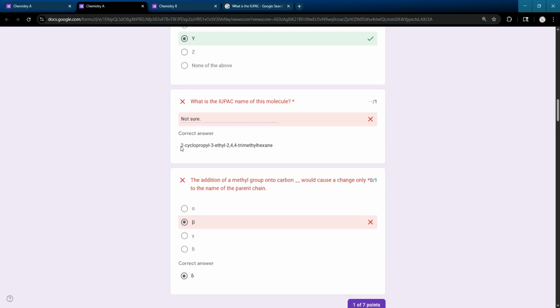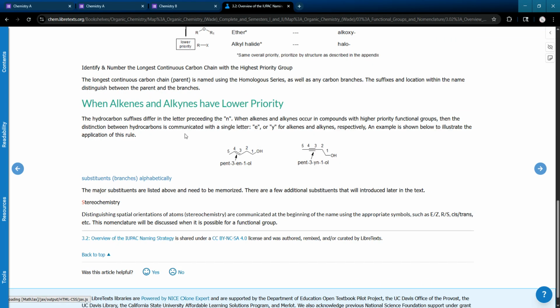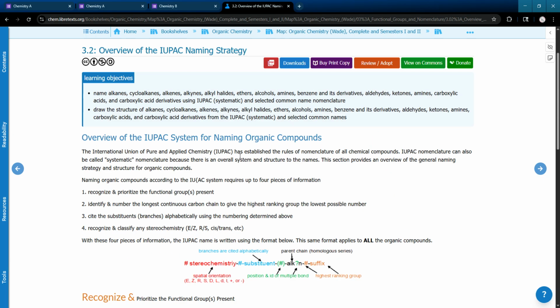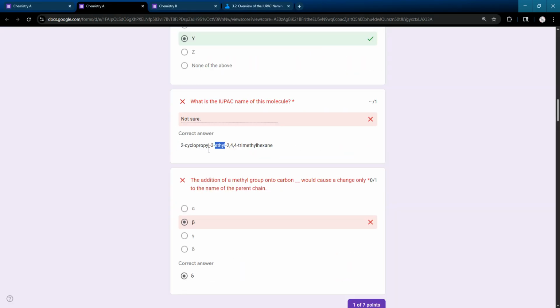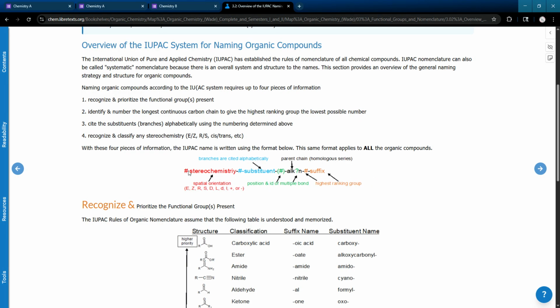And ours is called 2-cyclopropyl ethyl 3-ethyl. So if we go over here, 2-cyclopropyl 3-ethyl, then position ID of multiple bond, and then parent chain.